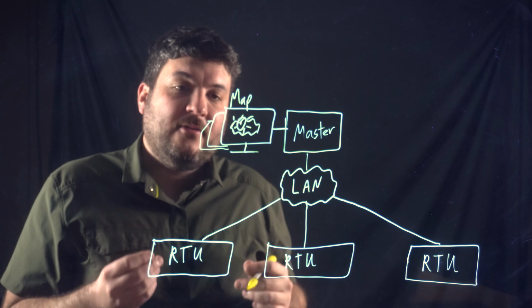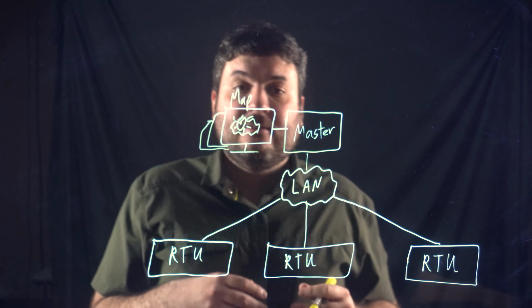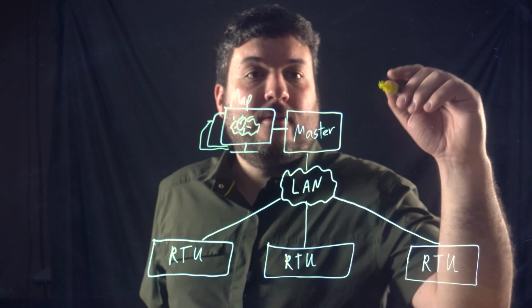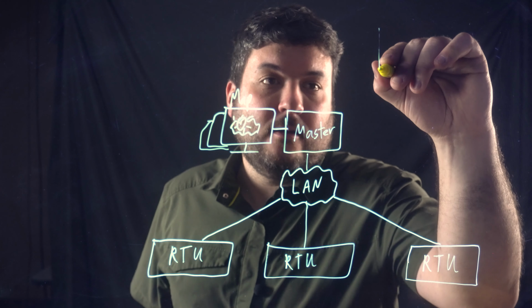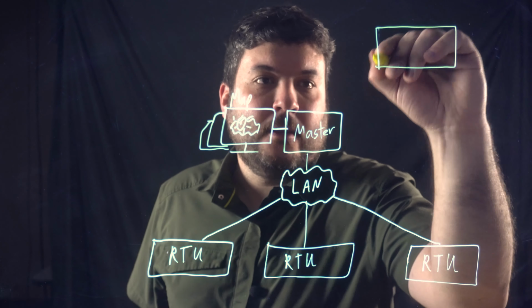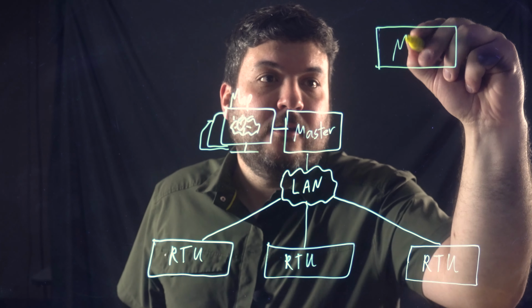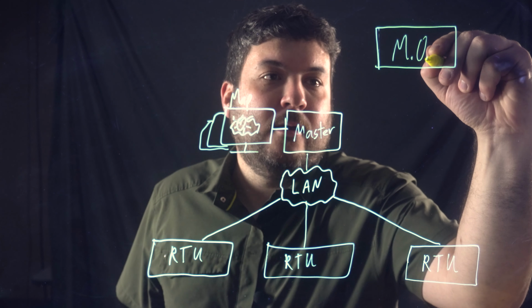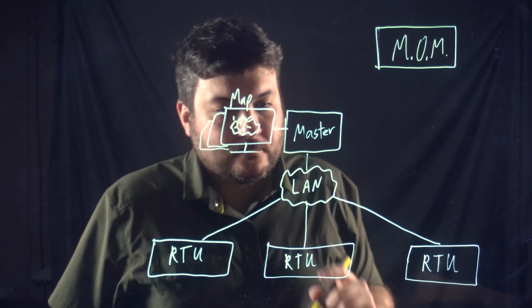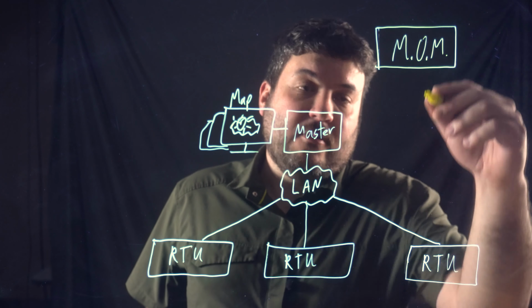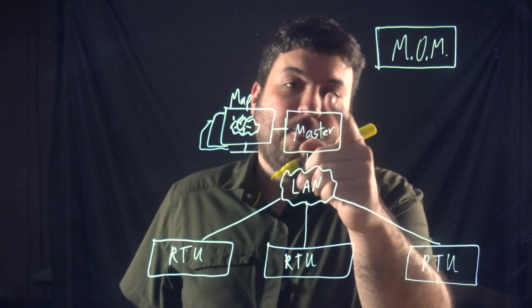But how does that higher level team get summary information about what's going on out of your sites? So that's going to have to be accomplished with a higher level master, which we call a master of masters, or sometimes a manager of managers, or a MOM for short. So one way, and I've actually had some people do this, you can pull the RTUs directly from both systems.